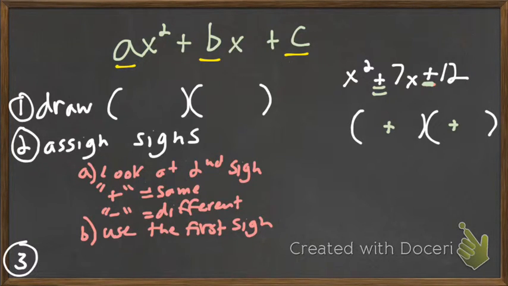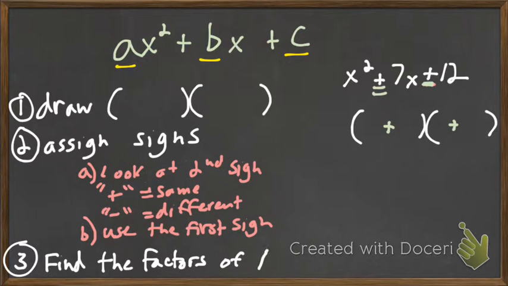The last step is to find the factors of a and c and then plug them in. So in this example that we're doing up here, what is my a?